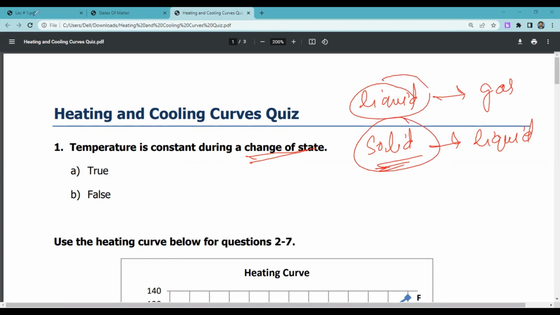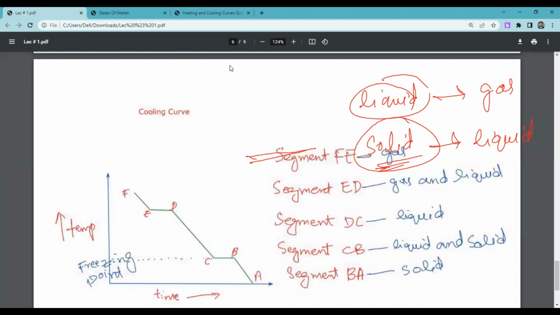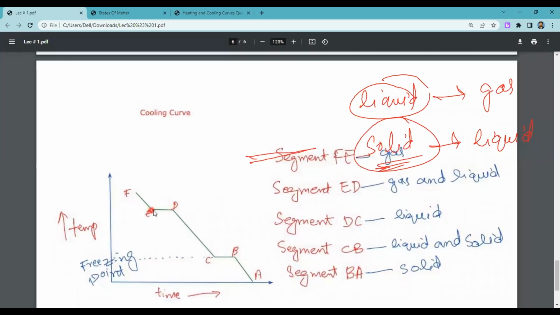Now think, move towards the lecture. You can see these flat curves. I will make them spotlight. You can see this curve. You can see this curve.